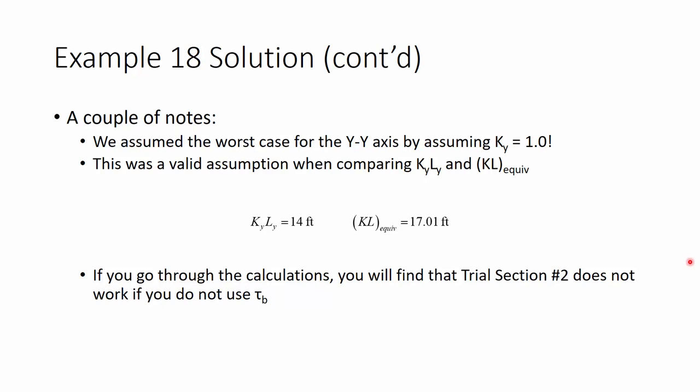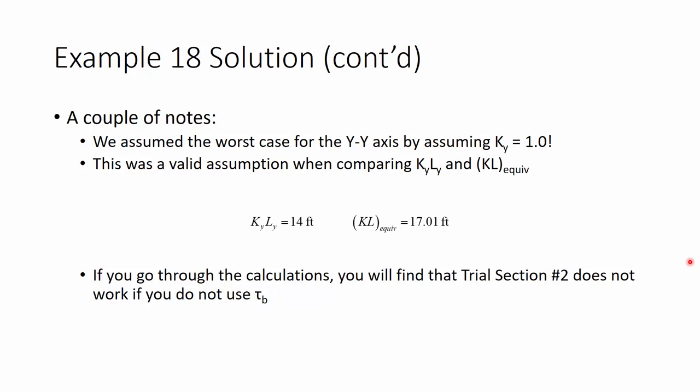And if the strong axis governs, if you have a KL equivalent larger than KyLy, you will squeak out more capacity with tau. For this particular example, what you'll find is that if you actually go through trial section number 2 and you don't use tau, trial section number 2 does not work. So using tau can actually mean the difference between selecting one shape or not.